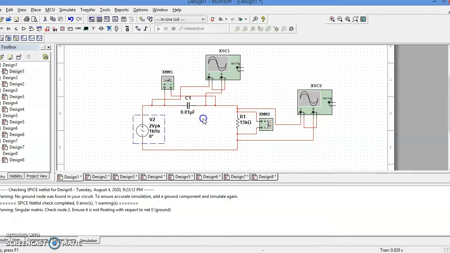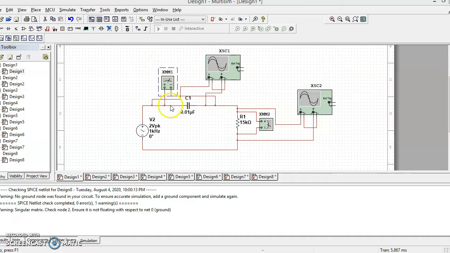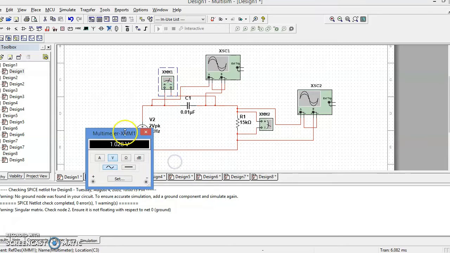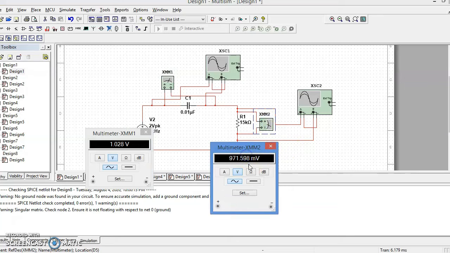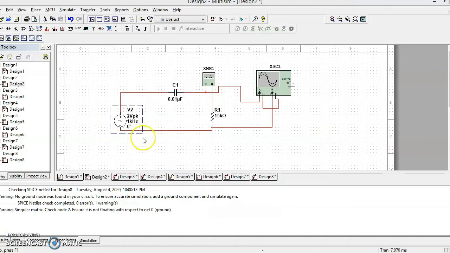The circuit was set up like this, and we use the AC source, capacitor and resistor, the oscilloscope, and for the voltage of the capacitor, the voltage of capacitor is 1.028 volt, and the voltage of the resistor is 971.59 millivolt.